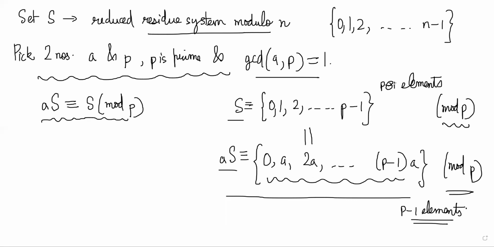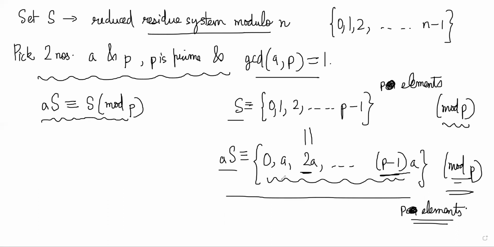P elements here also, and P elements here also, right? So if I have to prove that AS is the set of remainders that come when we do mod P, I need to show that none of these elements is 0 mod P, right?